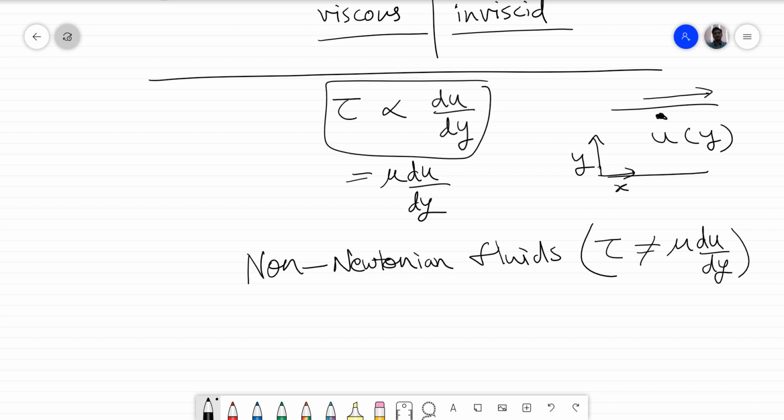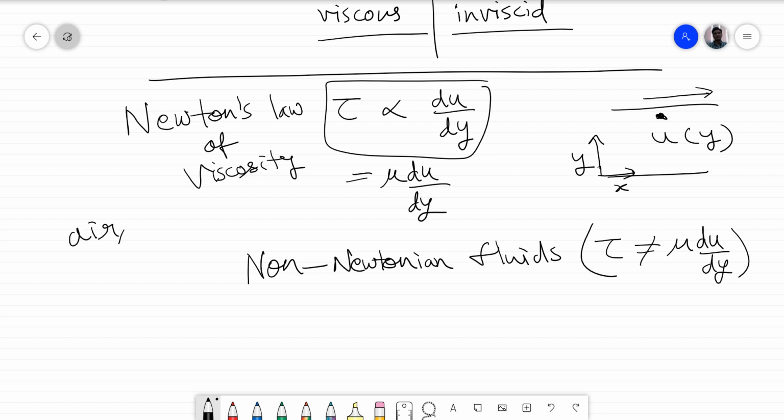This is known as Newton's law of viscosity, and the fluids that follow this law are known as Newtonian fluids. The examples are air, water, and many common fluids. Some oils also, silicone oil, honey, and so on.